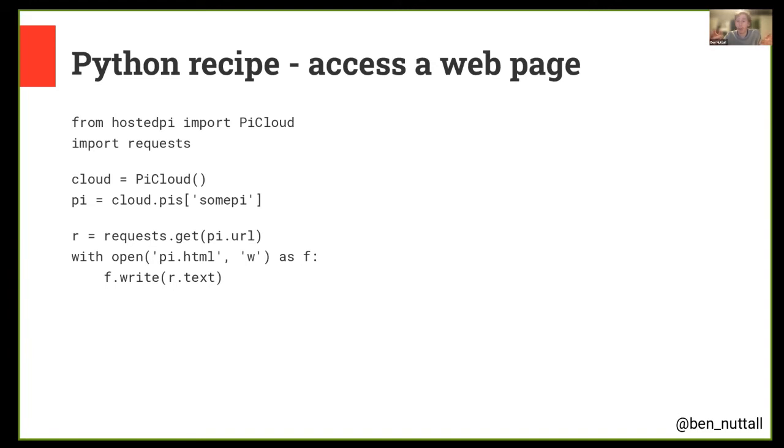Otherwise, you might just know it and have it hard coded, but then use requests to fetch the contents of that page, and then retrieve them and do something with them. So using the API just to get access to what this Pi's URL would be, which isn't a great feat, but yeah, there you are.